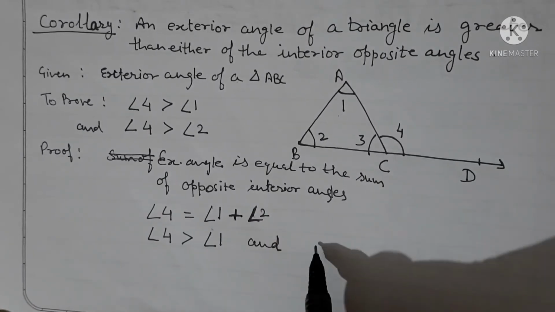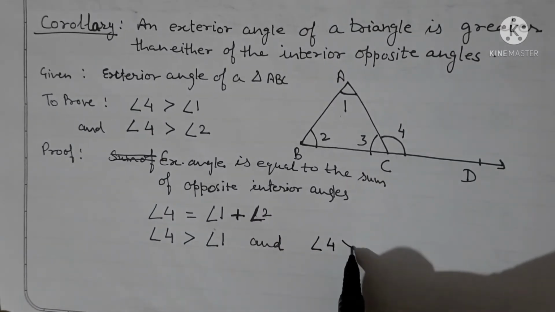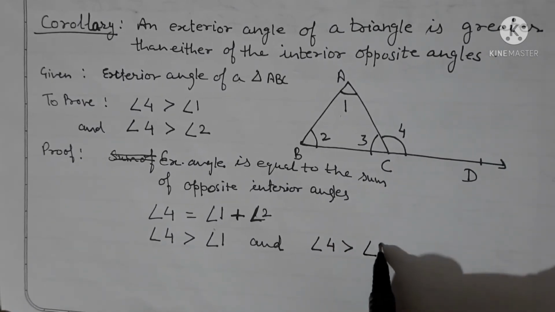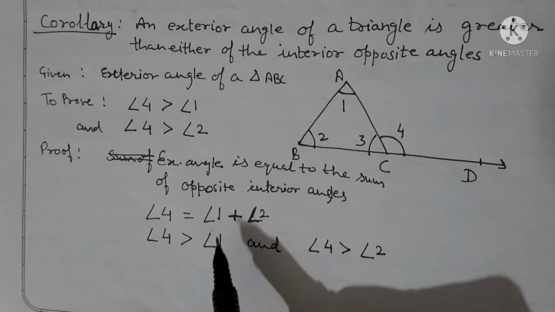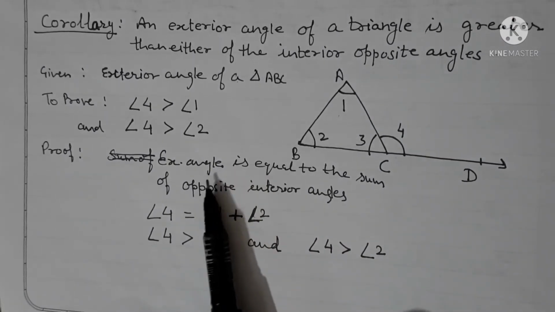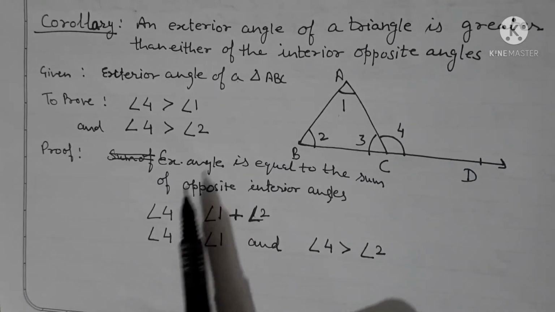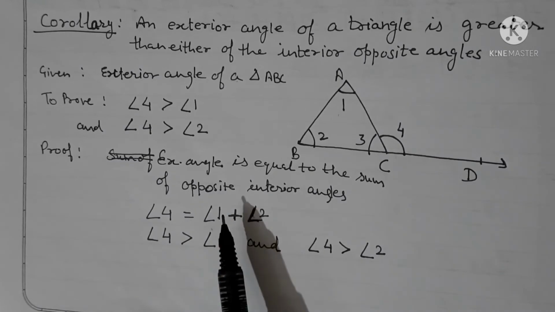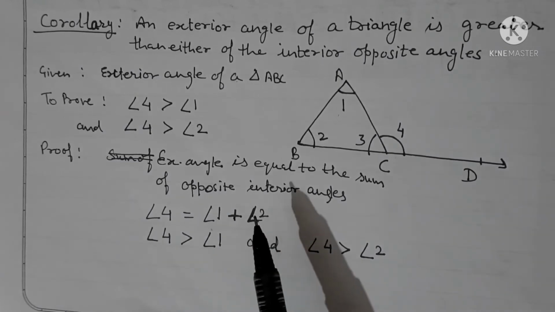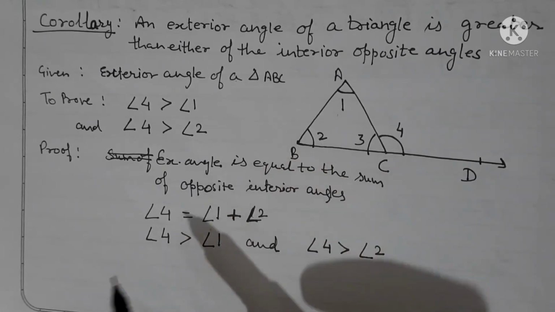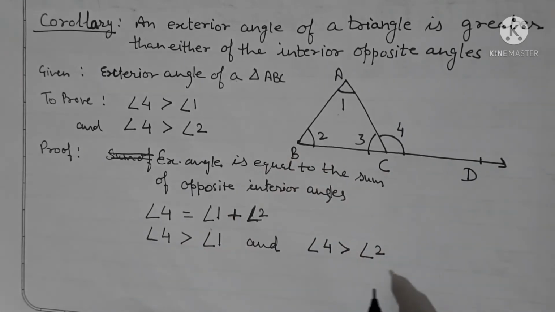So you can write angle 4 is greater than angle 2. If you remove one part, then automatically it would be greater, either angle 1 or angle 2. So you can show like this. Proved.